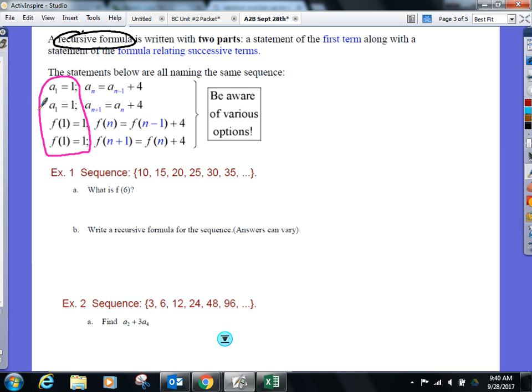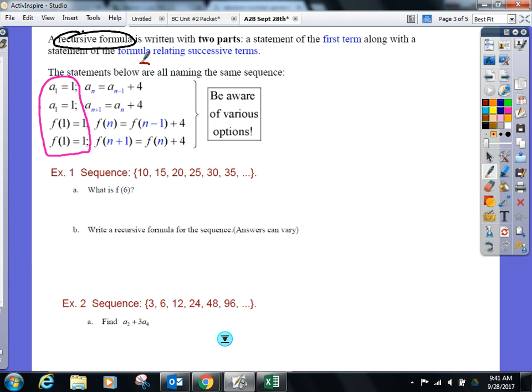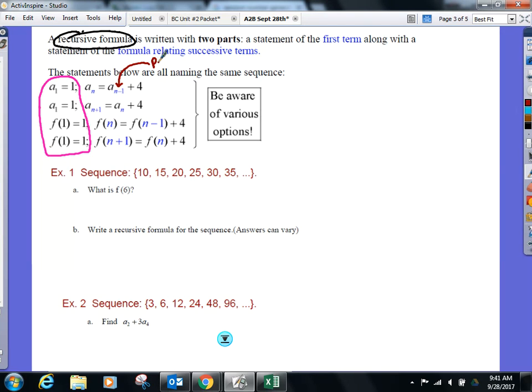I'm going to read it for you. To find any term, you take the, what's n minus 1 going to be? Term before, the previous term, and add 4 to it. That's what a subscript n minus 1 means. And I'm going to have you denote it here. That's the previous term.